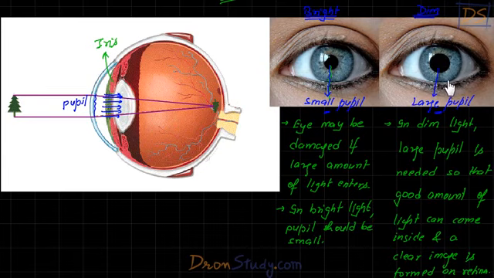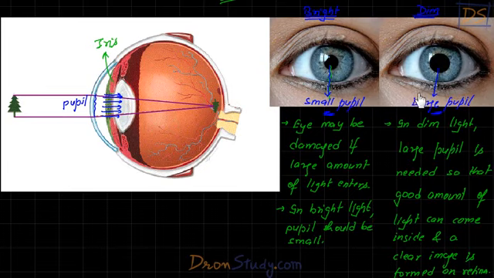So it means that your eye is automatically changing when you are shifting from a bright to a dim room or dim to a bright room; the size of the pupil automatically changes. You don't even know about this, students, right? Did you know about this before? No. Since you were born, this phenomenon is continuously happening.